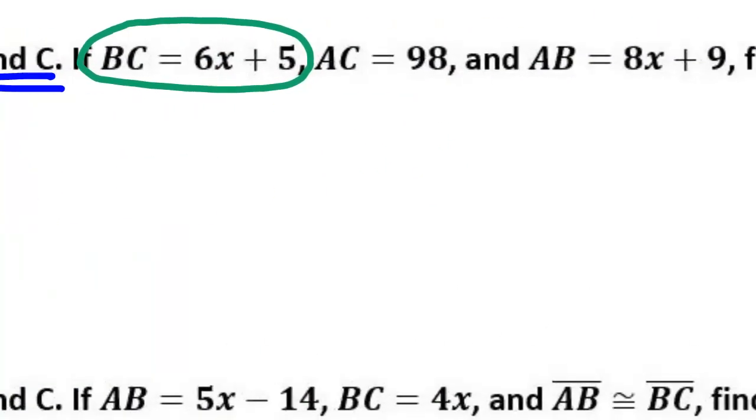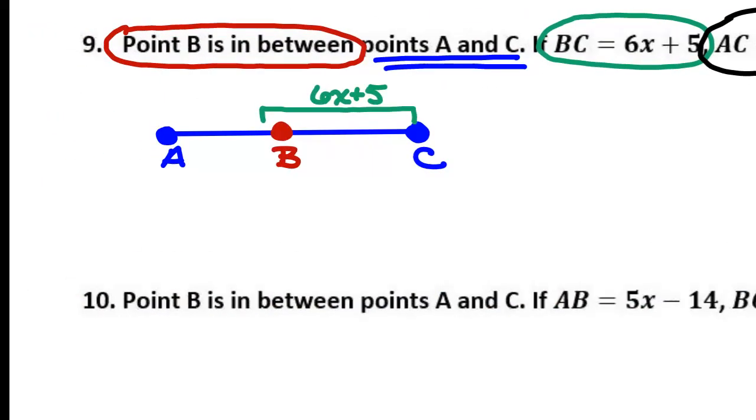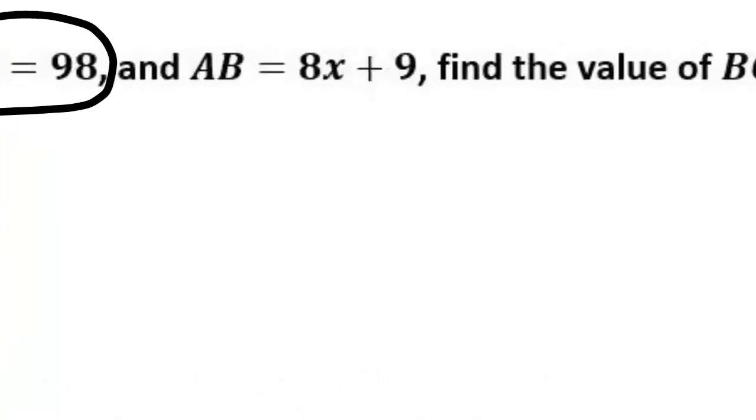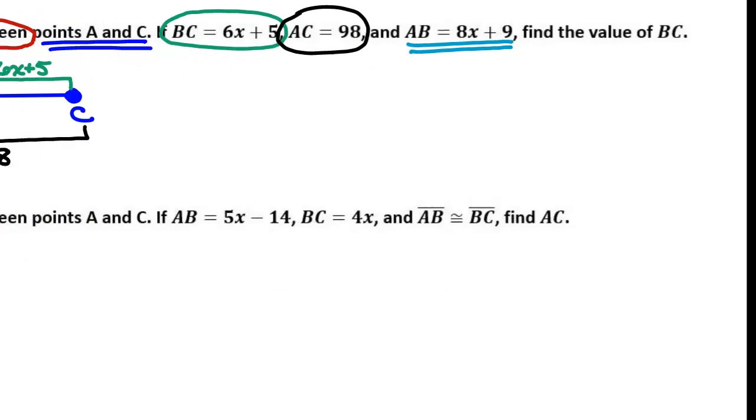AC is 98. So from A all the way over here to C is 98. And then the last piece of information they give me is that segment AB is 8x plus 9.